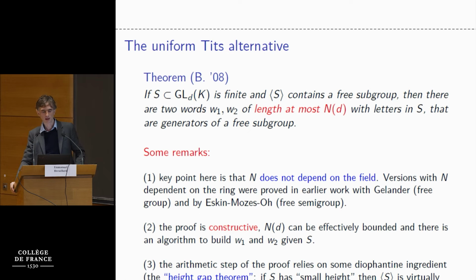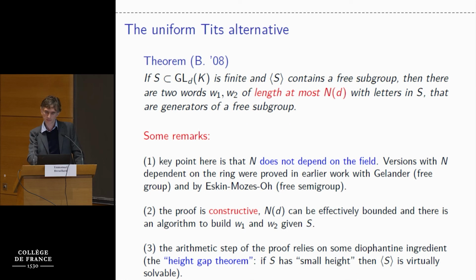I proved some years ago, following initial work of Eskin, Mozes, and Oh and a joint work with Tsachik Gelander, that in fact you can find these two elements that generate the free group so that the words you need to take have bounded length.